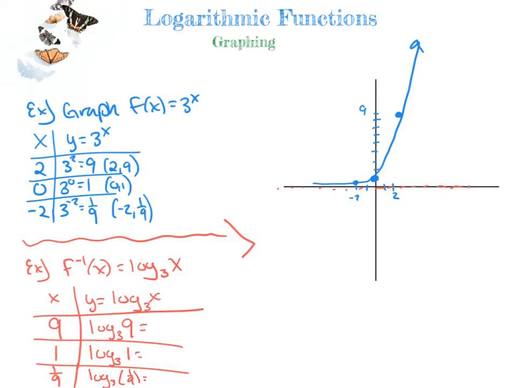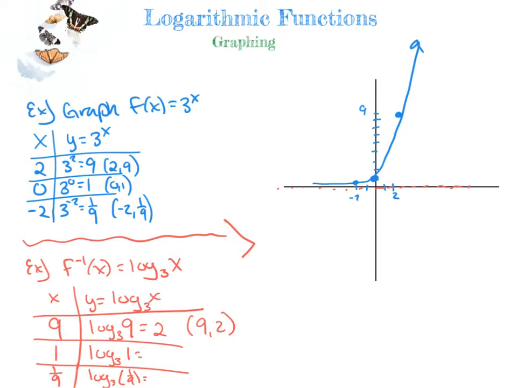Now, in the last video we practiced evaluating these without a calculator. So log base 3 of 9 means what's the exponent I put on a 3 to spit out a 9? Well, 3 to the 2 is equal to 9, so I must have the ordered pair (9, 2). For the second one, what's the exponent we put on a 3 to get 1?